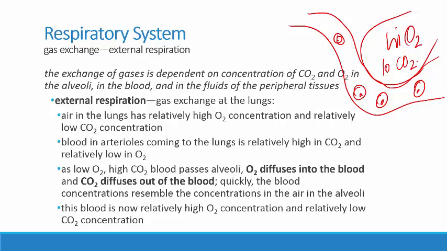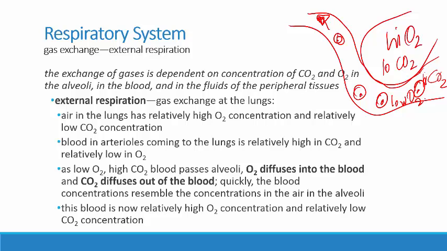The blood that's coming from the heart to the lungs, though, is going to be high CO2 and low oxygen. Hopefully that makes sense, because the blood that's coming to the lungs is coming from the right side of the heart, which is bringing blood from the peripheral tissues to the heart and then on to the lungs.